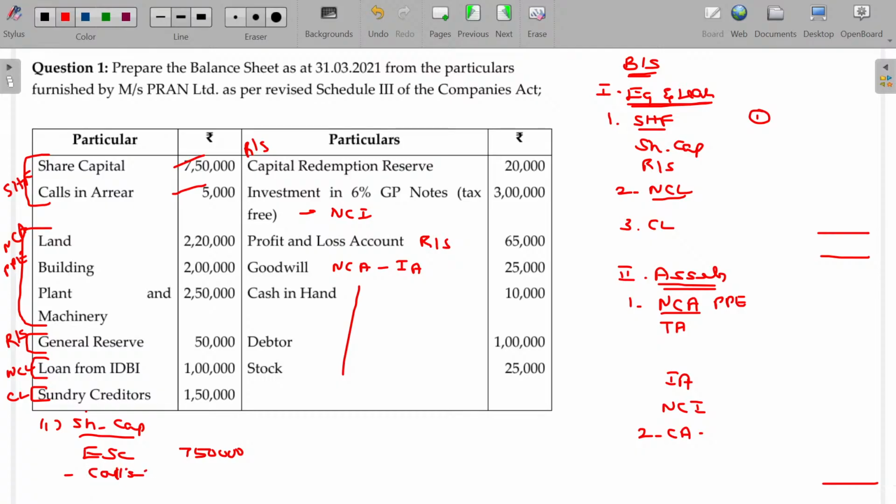Calls in arrear should be subtracted. So 7,45,000 here. And the second one being reserves and surplus.